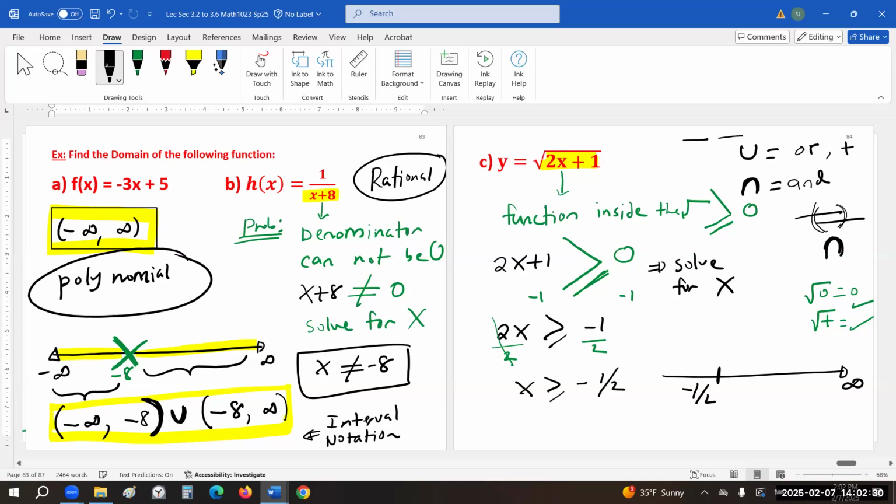And here's something bigger than that. They're telling us use -1/2. You can substitute x with -1/2. It will give you 0, and square root of 0 is a real number. And now you can substitute anything that is bigger than -1/2. So starting from -1/2, everything bigger than -1/2. Only these numbers you're allowed to substitute your x with.